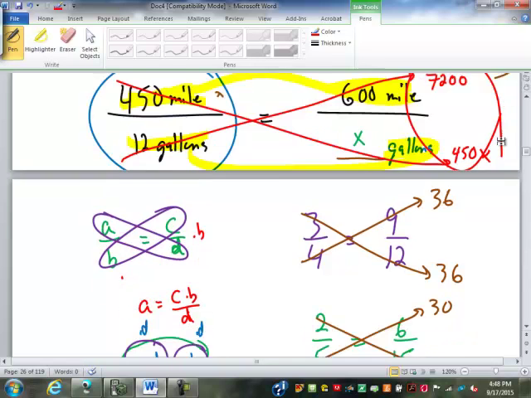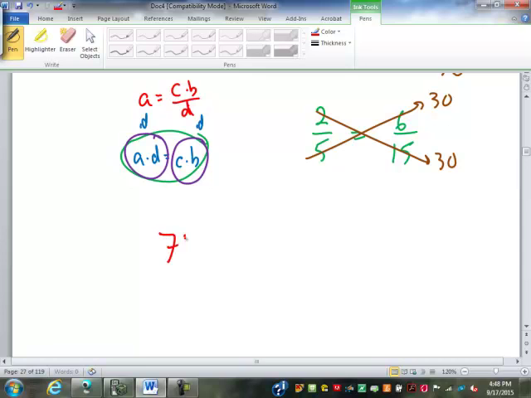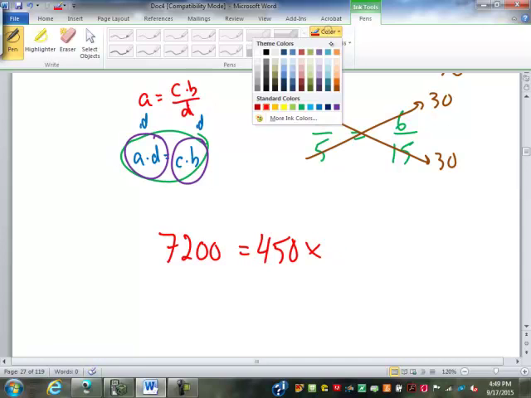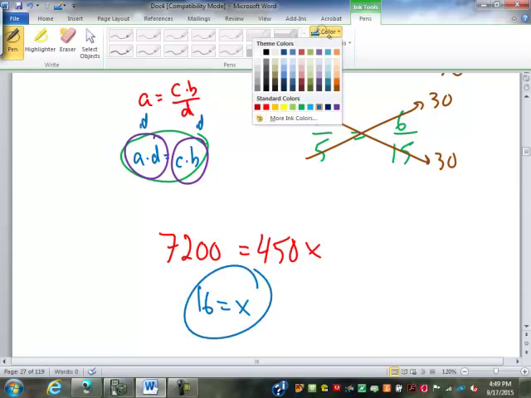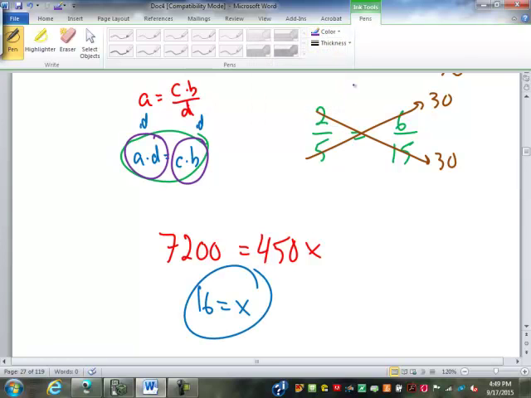Those have to be equal. 7,200 has to equal 450x. So I am going to divide 7,200 by 450, which gives me 16. X equals 16. So that's telling me that I need 16 gallons to go 600 miles.